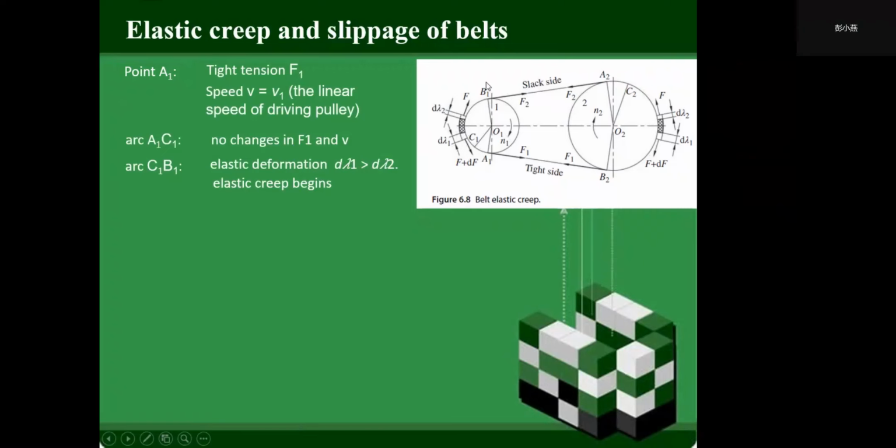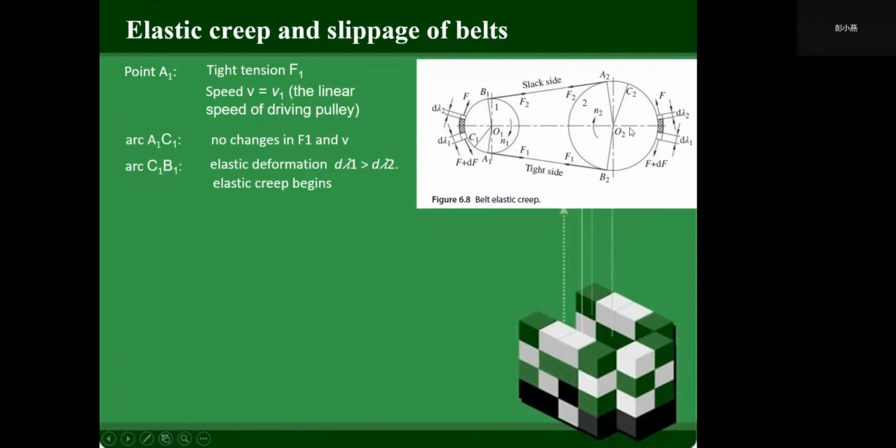And at point B1, the belt leaves the driving pulley with slack tension F2 and a reduced speed.